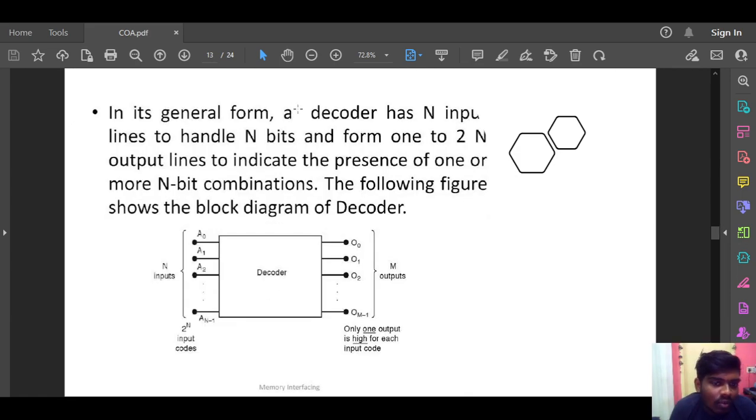In its general form, a decoder has n input lines to handle n bits and from 1 to 2^n output lines to indicate the presence of one or more n-bit combinations. The following figure shows the block diagram of the decoder, where there are n inputs, the first starting from A0 and the last being A(n-1).